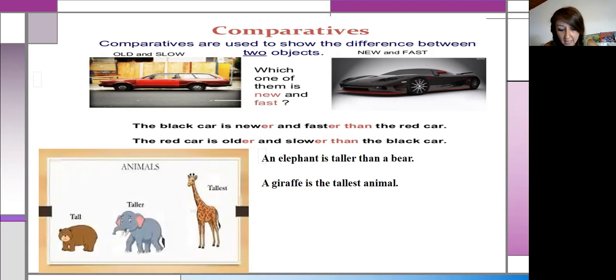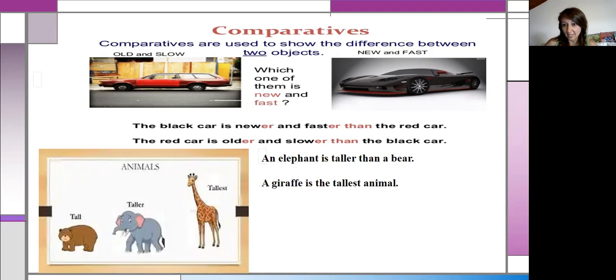You should say my sister is older than me, or I am younger than her. Okay, Murat, who is the tallest person in our class? Yes, that's right. Kenan is the tallest in our class.